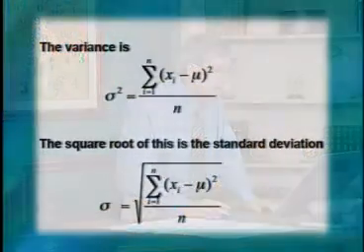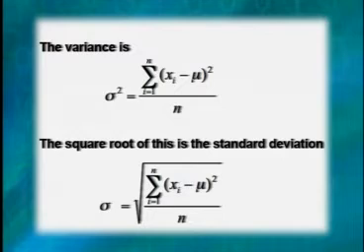So here's the definition of the standard deviation. The first thing that we do is we go through our collection of data, and for each datum, we look at the difference between it and the mean. Mu is the mean, by the way. So in this formula, mu is the mean and x_i are the different data values in our collection.